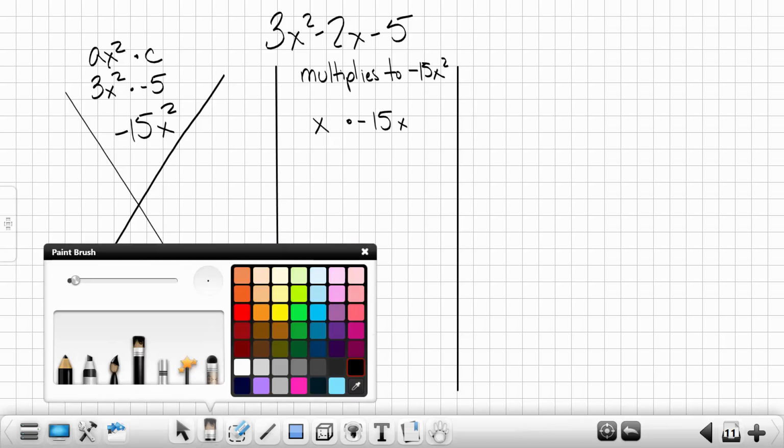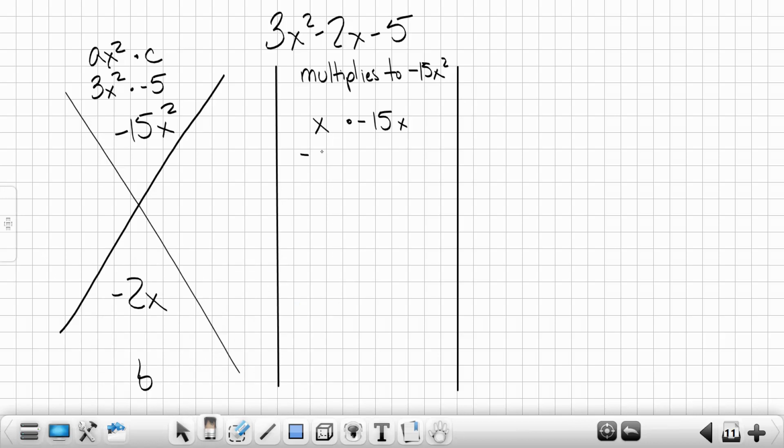I'm good with that. We have negative x times positive 15x. Have I lost anybody? Colin, you good? Cool. Because I have to get a negative 15, it's a positive times a negative, so it could be that way or that way.